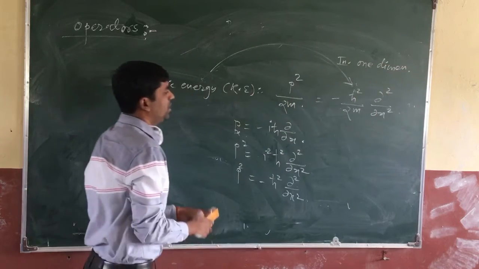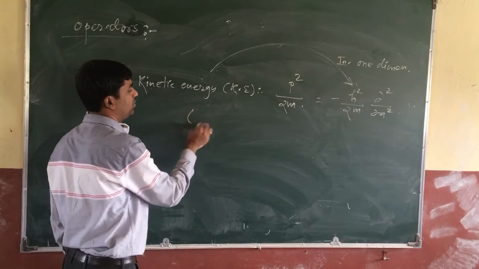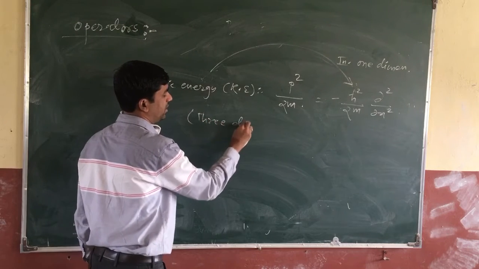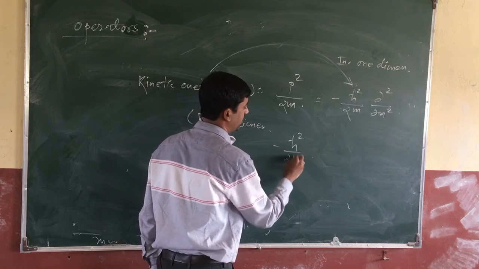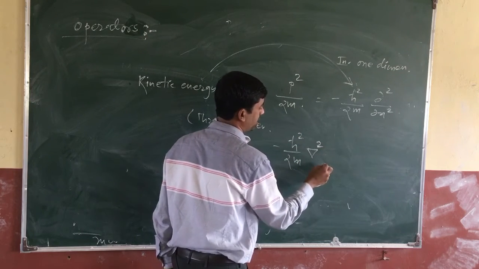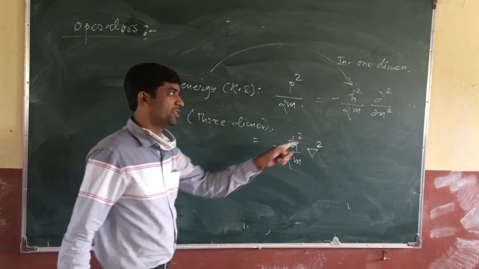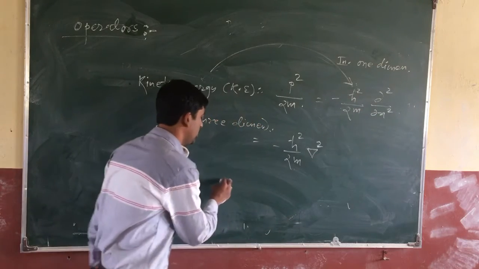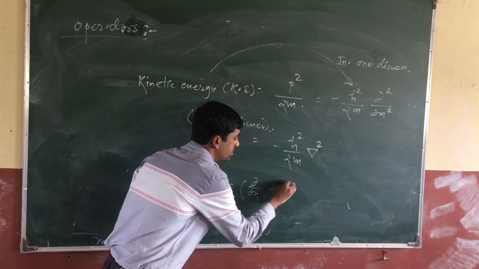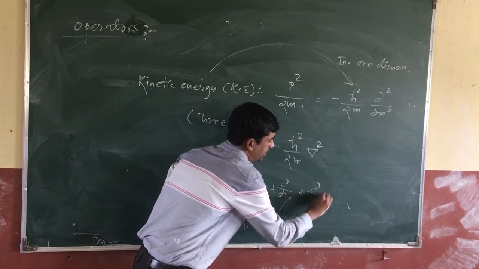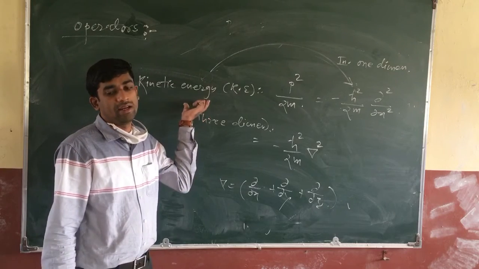Similarly, for three dimensions the operator is minus h cross square divided by twice m, with the del operator, del square. So d square dx square is replaced with del square. What is del? Del is d dx plus d dy plus d dz along the x axis, y axis and z axis. So this is your kinetic energy operator.